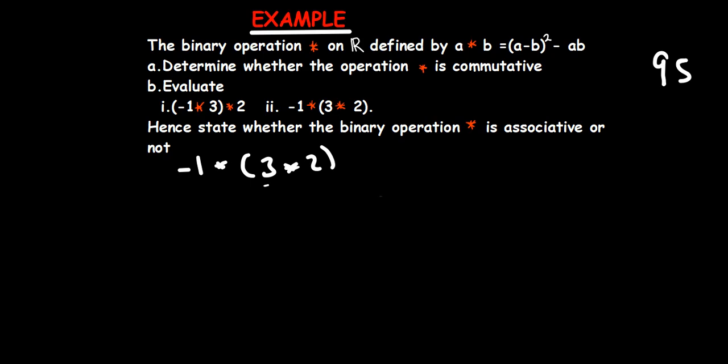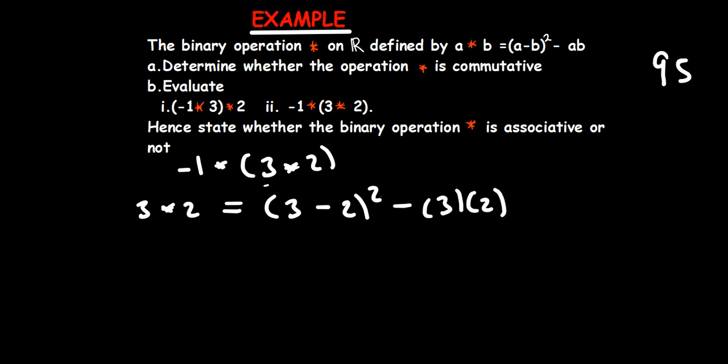It's going to be equal to, where there's A, I replace, 3 minus B, 2 squared, minus 3 times my B, which is 2, like that. Then when I subtract there, I'll just have 1 squared minus 6, that gives me 1 minus 6, which will give me negative 5.